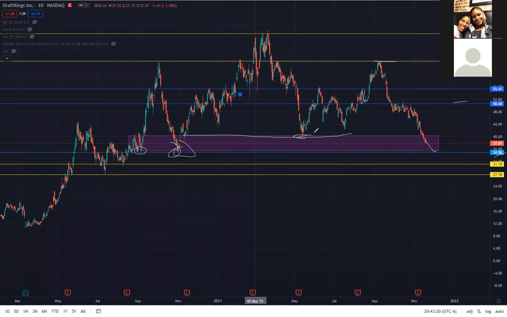Yeah. So now the question is, if it breaks this low, the next level will be right here. And if it was crazy enough to break that low, the next level will be right here. Why? Because then it will close the gap from ever since July. So whenever you trade, you've got to put a couple of confirmations together.